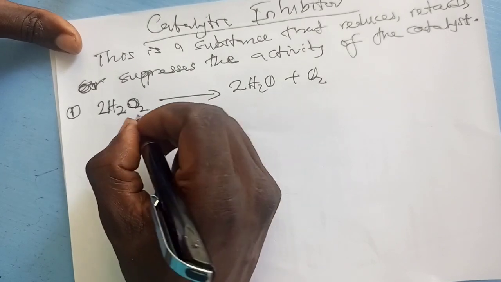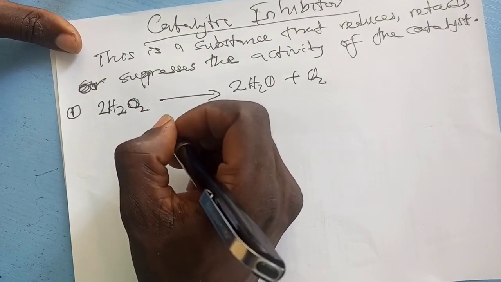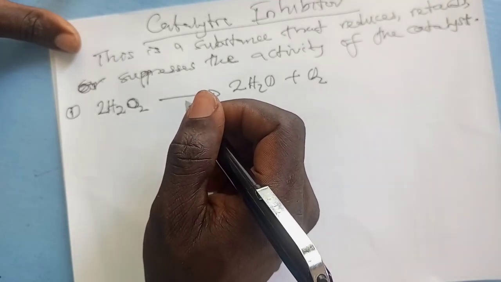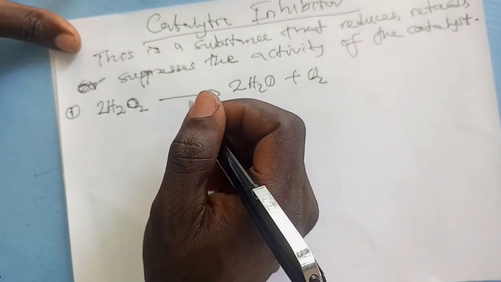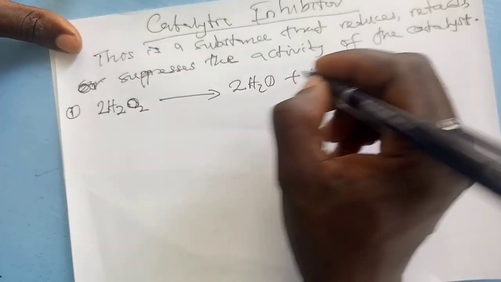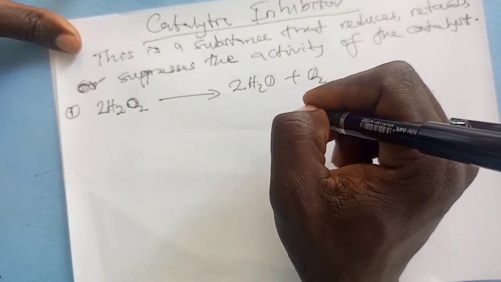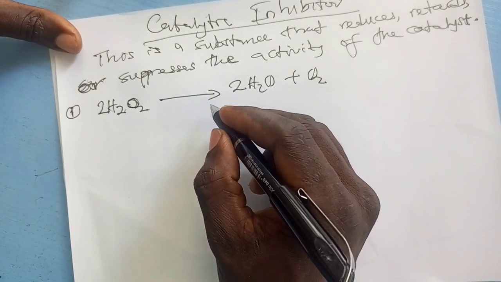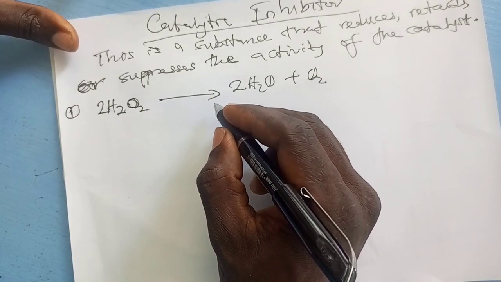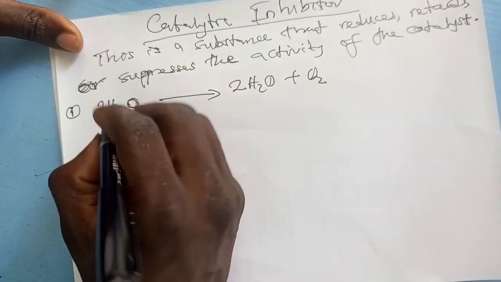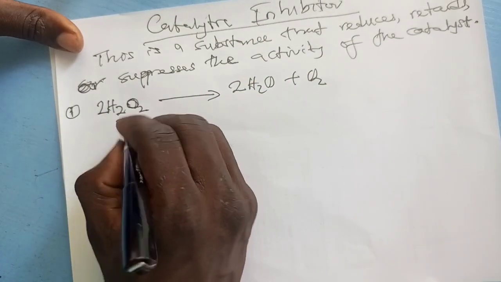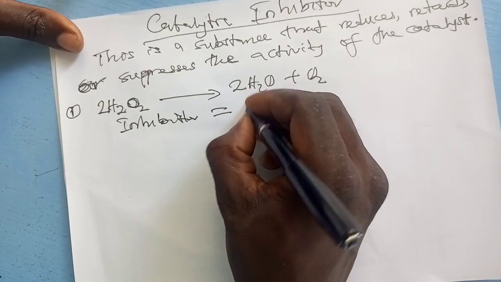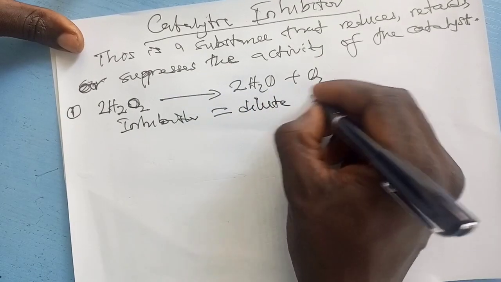But if you want this reaction to be slow, you introduce an inhibitor. The type of inhibitor you can introduce here to retard the acceleration of this reaction is majorly dilute acid.